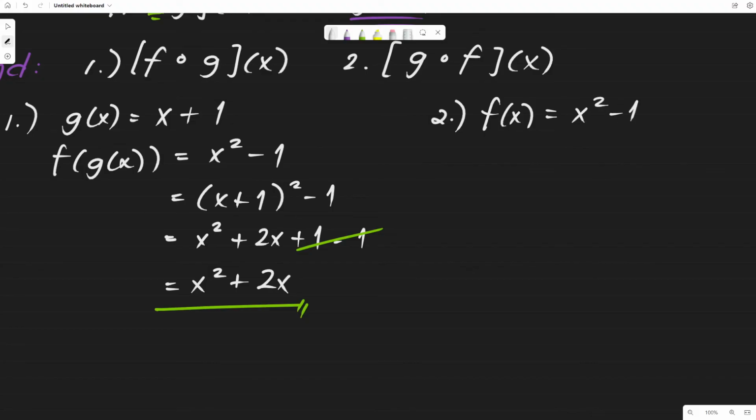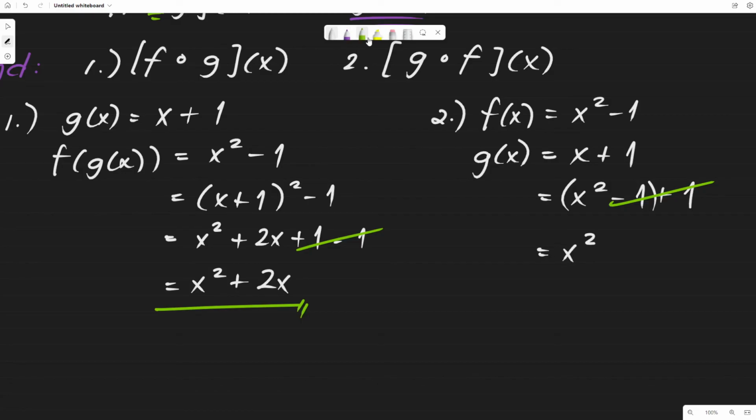Then, tsaka natin siya ipapalit dun sa g of x. Diba? G of x is defined as x plus 1. Then, palit natin, x squared minus 1 plus 1. Ganun lang. Ito yung x natin, na yung x squared minus 1. So, since negative 1 plus 1 is 0, of course, magka-cancel yan. So, therefore, our answer is x squared.